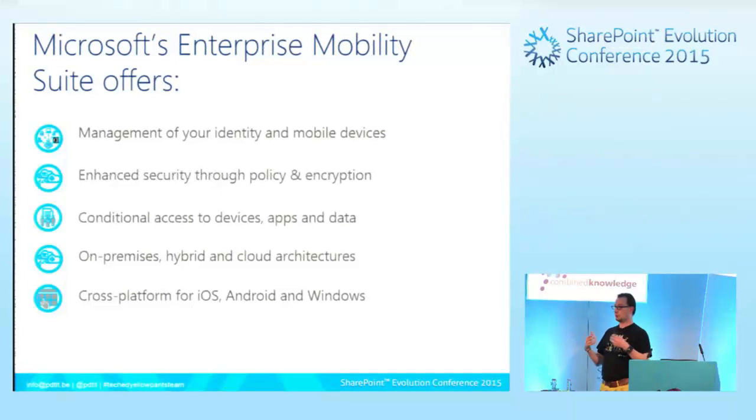Although technically it's all possible, from an IT department or business perspective you define, okay, you're using an Android, sorry, we're not supporting Androids, so we're going to block you from connecting to Exchange Online and SharePoint and our file servers and all the line of business applications. And then cross-platform I already mentioned.